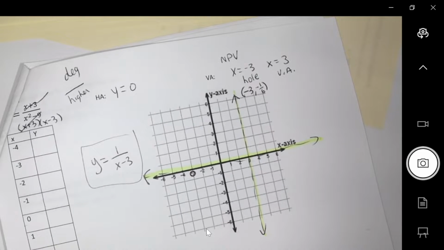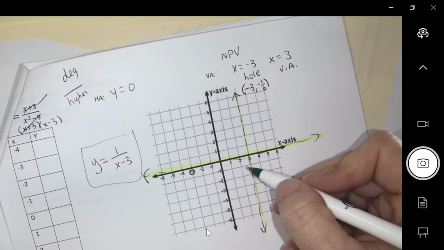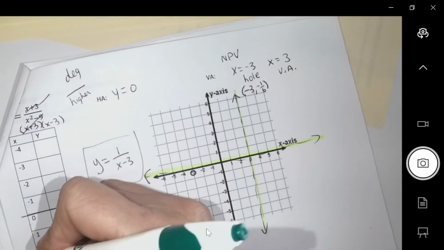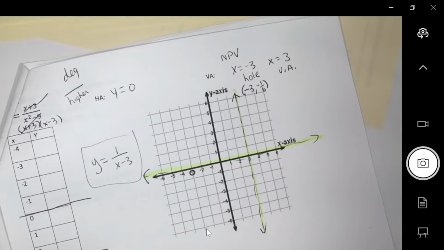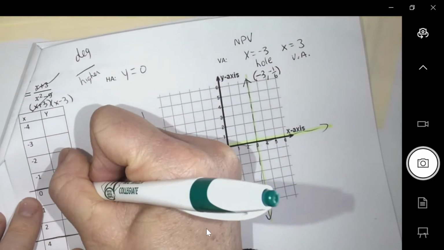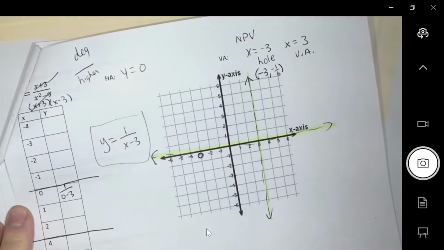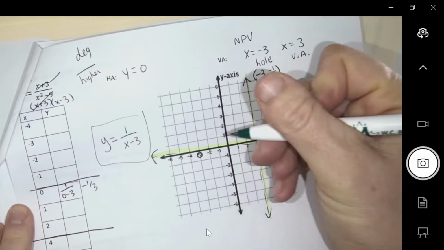Okay, I'm going to plug in some values here. Let's plug in 0. So 1 over 0 minus 3 makes a negative 1/3.